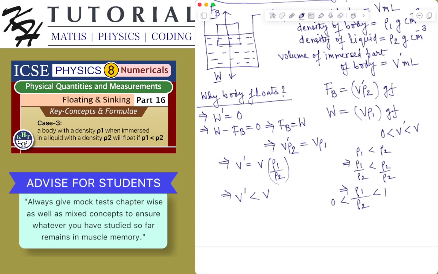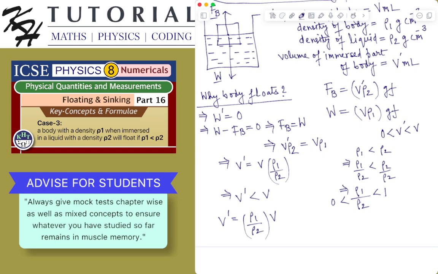V dash is rho 1 by rho 2 multiplied by V. This is the important thing to understand. That is, V dash is a part of V. What is that part? A fraction of the total volume of the body. What is that fraction? That fraction is rho 1 by rho 2.